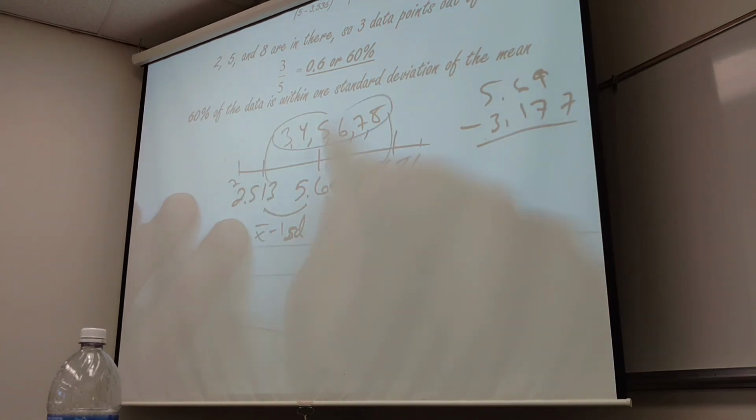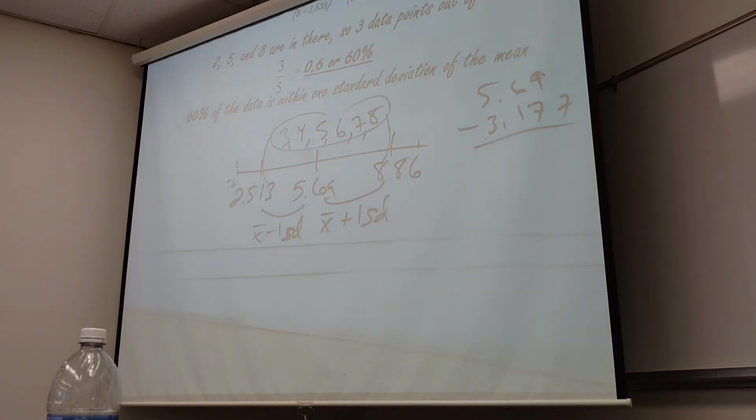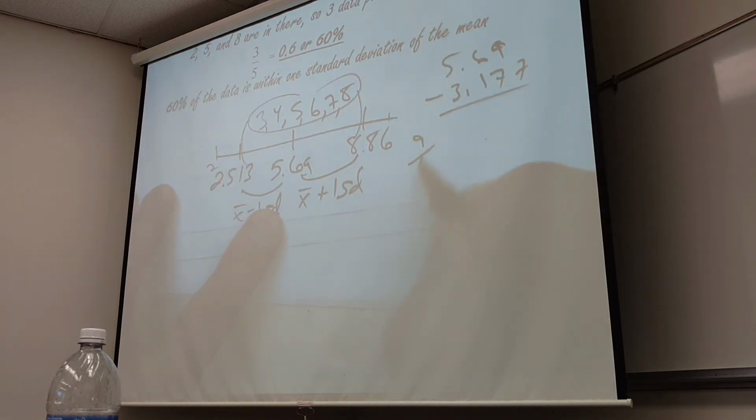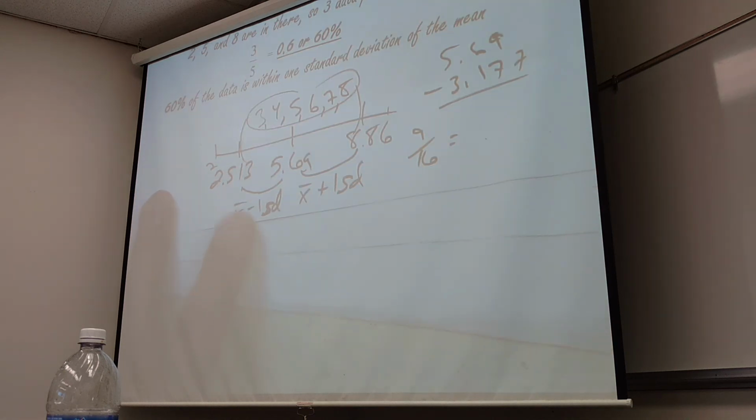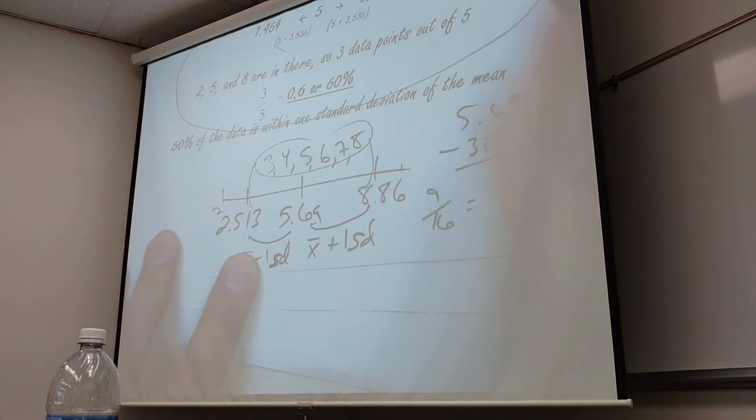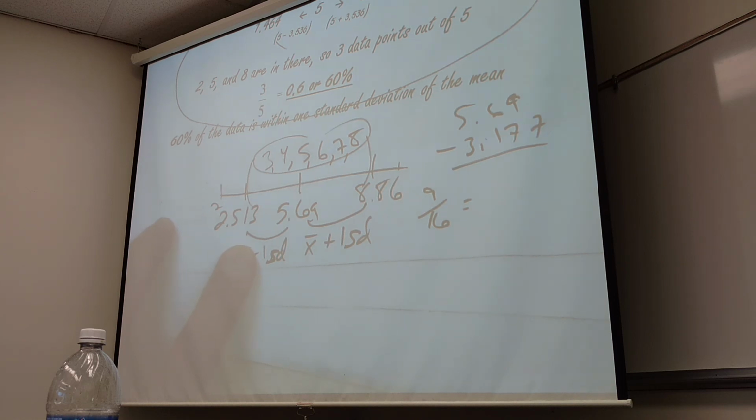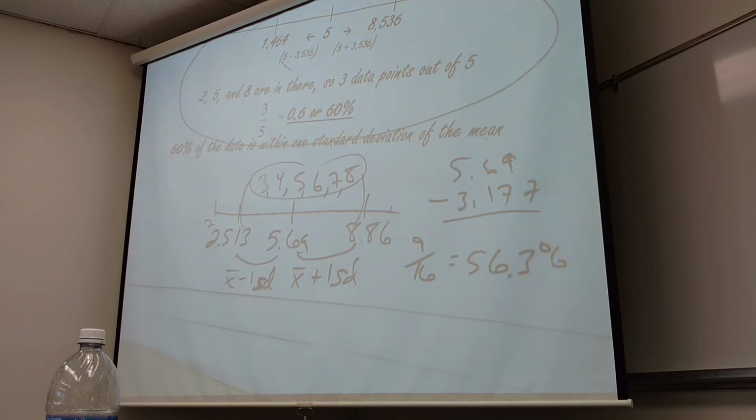So how many of these do I have in my data? 1, 2, 3, 4, 5, 6, 7, 8, 9. And how many total data points did I have? 16, right? So what percentage of the data is in here? 9 divided by 16. So we're doing the exact same work that I did up here, right? 56.3%. So over half the data is within one standard deviation, which makes some sense.